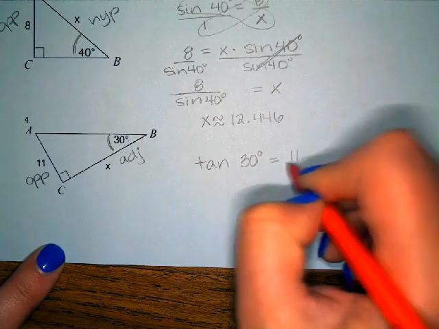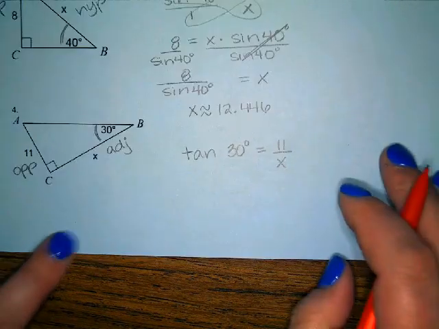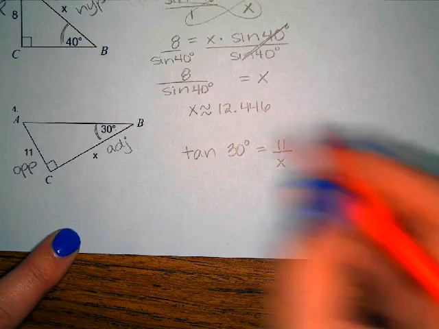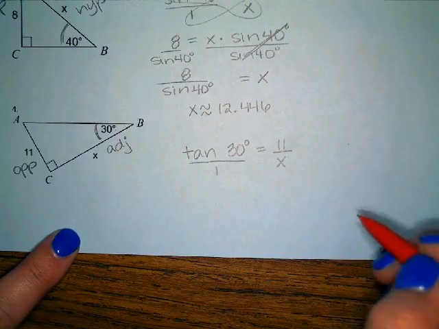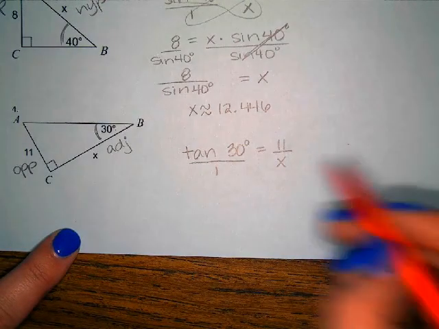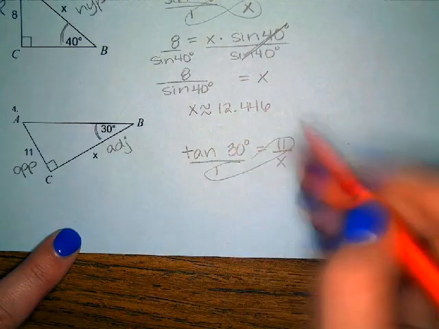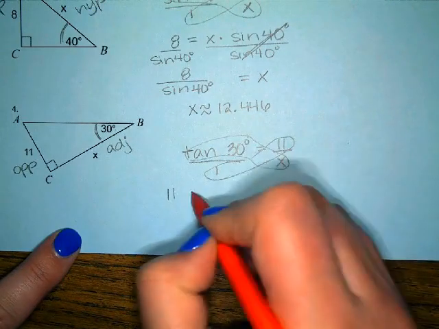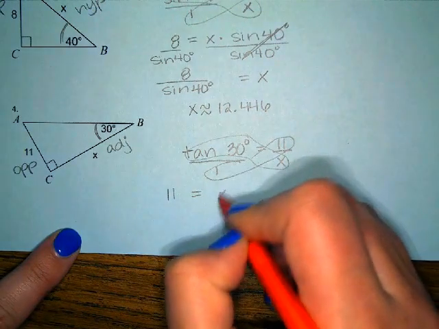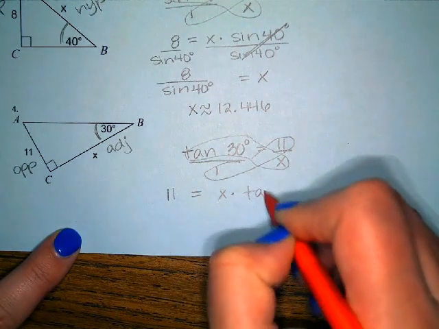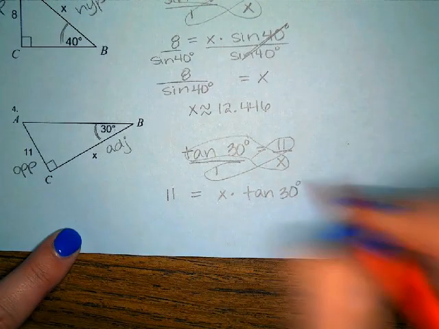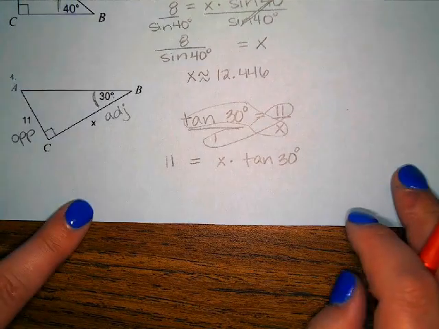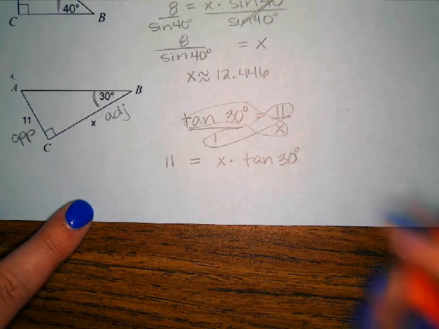Okay, we have another situation where the x is on the bottom. So I'm going to put this over 1, and what am I going to do? Cross multiply. So I've got 11 equals x times tangent 30. And then what do I do? Divide by tangent 30.